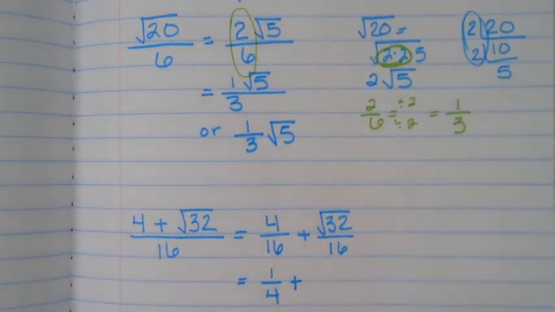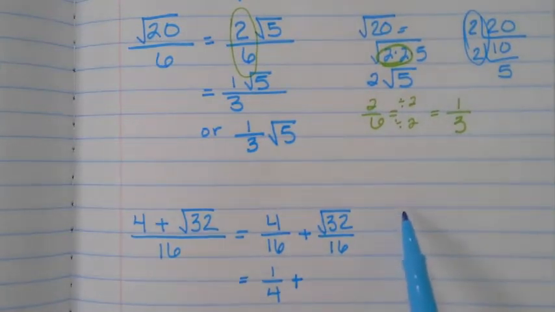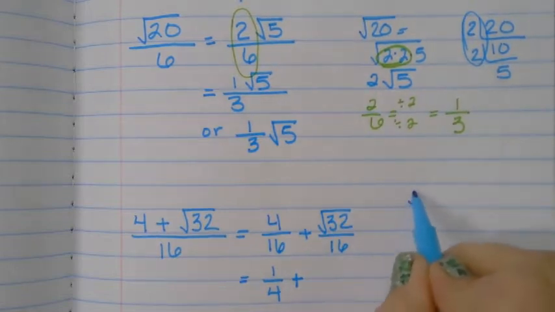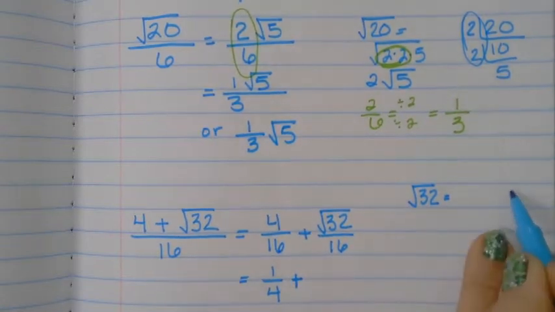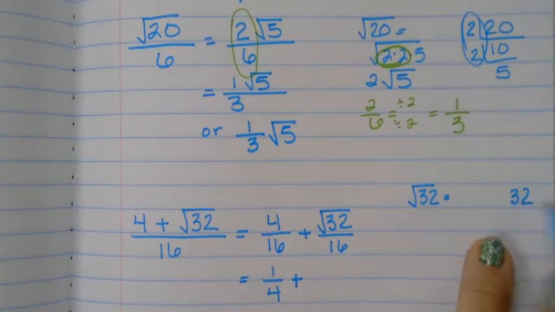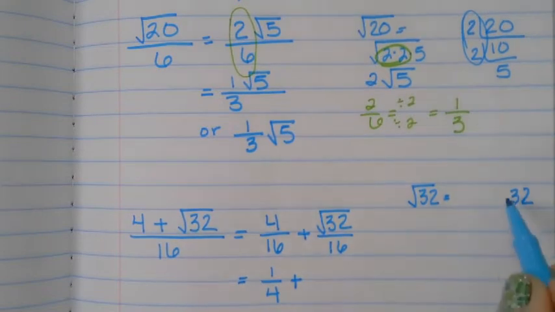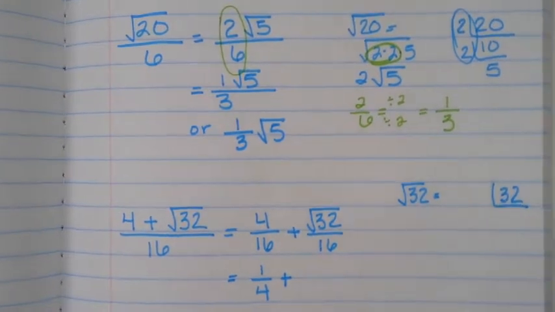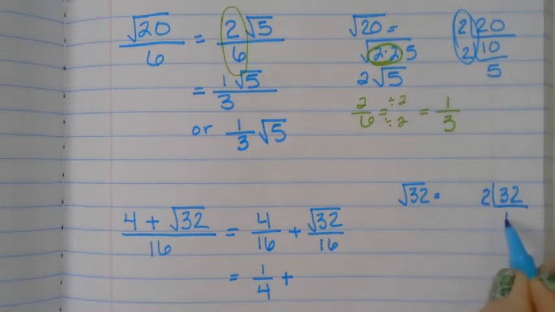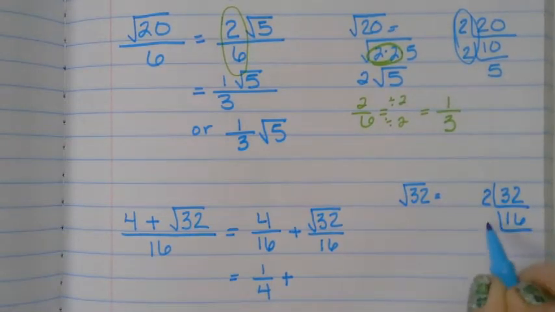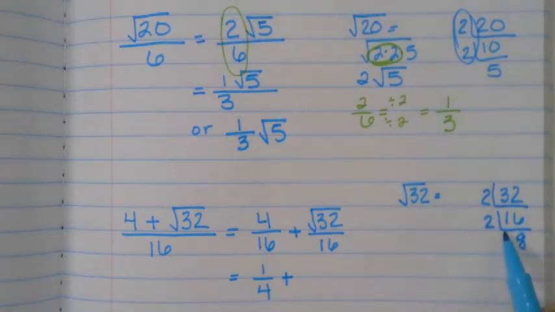Now, the next piece we're going to need to do a little bit of work with, right? So let's do that off on the side. So let's see, are we divisible by 2? And then 2 again. And then 2 again.